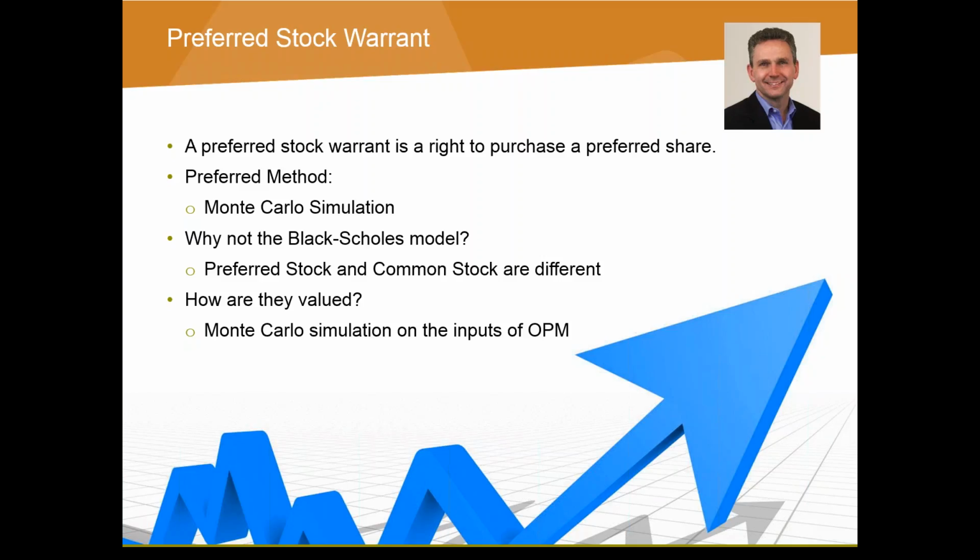So if they don't have this distribution, then you can't really use Black-Scholes. And I think that becomes more clear when we look at the change in value of the overall enterprise. And we do assume that the overall enterprise value is log normally distributed.